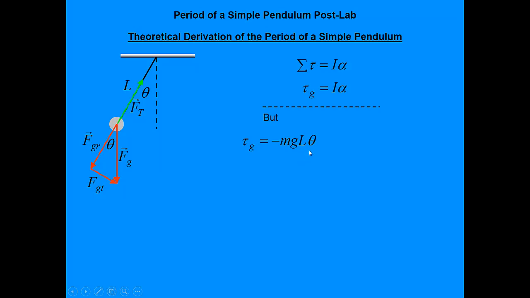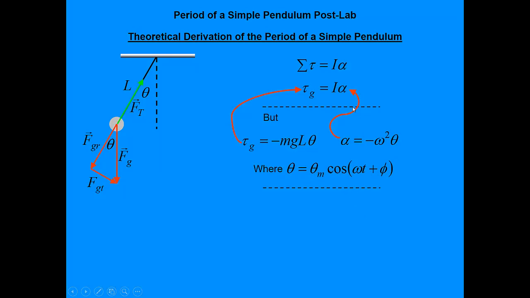And we know that for small thetas, it acts like a simple harmonic oscillator, and therefore the angular acceleration is negative omega squared theta, where this is a simple harmonic oscillation theta, right, where theta is theta sub m cosine of omega t plus phi. Right? That theta and this theta, as it oscillates like a simple harmonic oscillator. So it follows the amplitude cosine of omega t plus phi. With me?